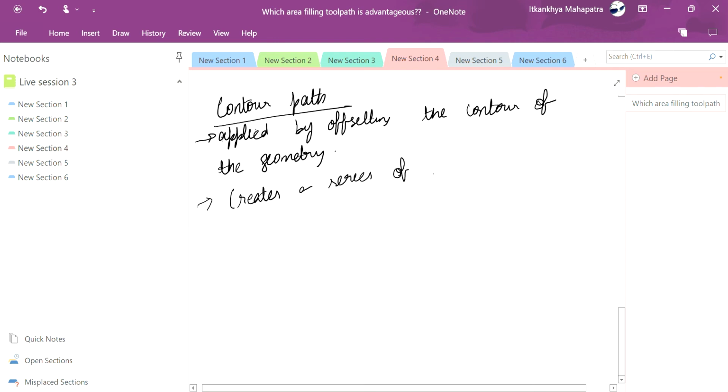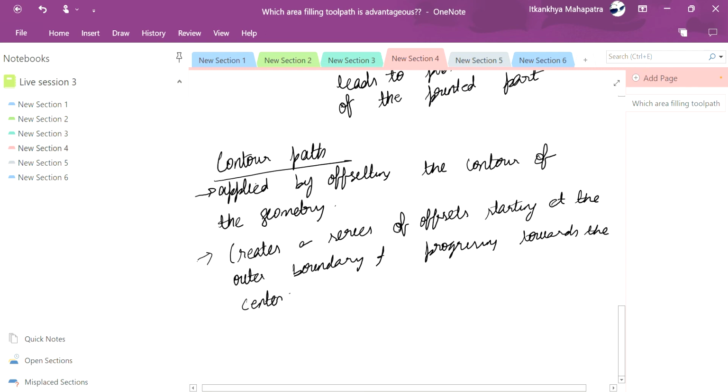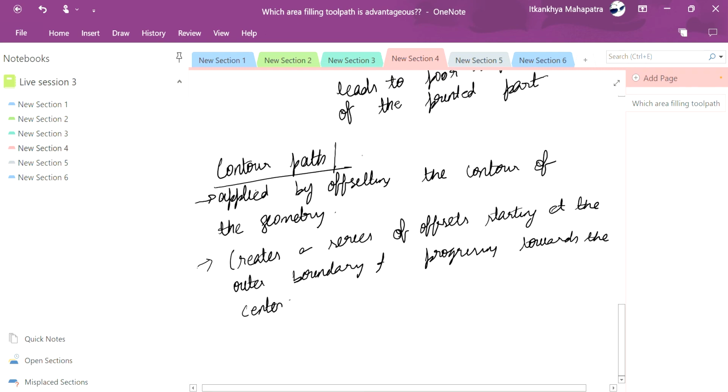Series of offsets starting at the outer boundary and progressing towards the center is also called contour parallel or model offset.